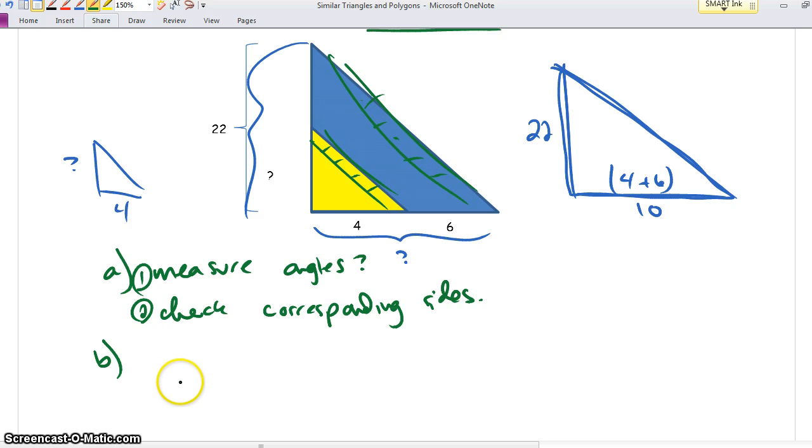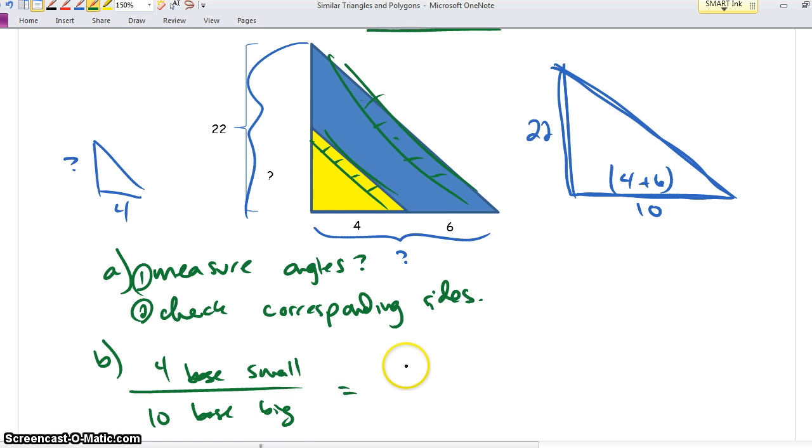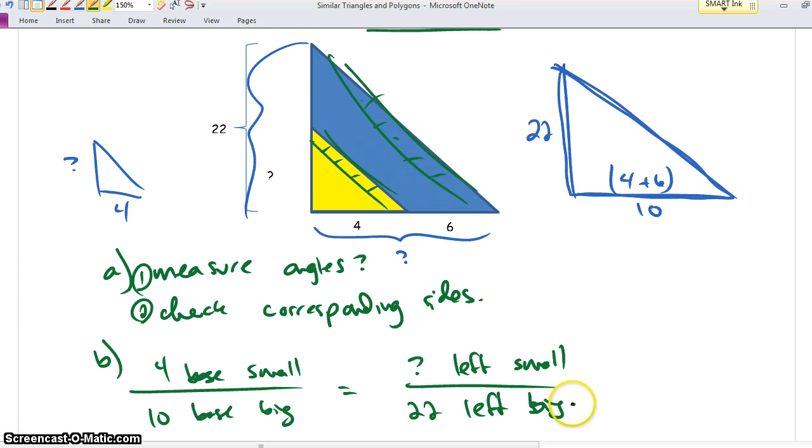We've got base on the small is 4, divided by 10 as the base on the big. That'll be proportionate to question mark left side of the small over the 22 left side of the big. Right?